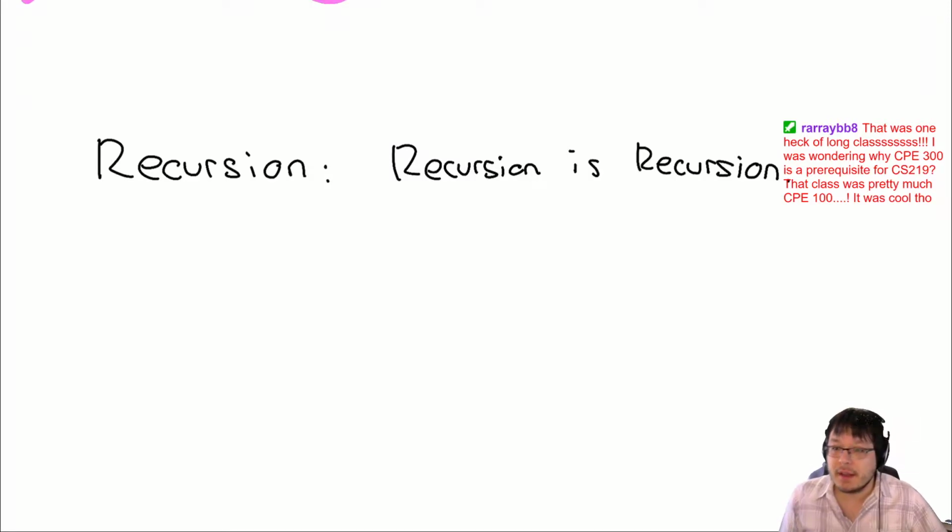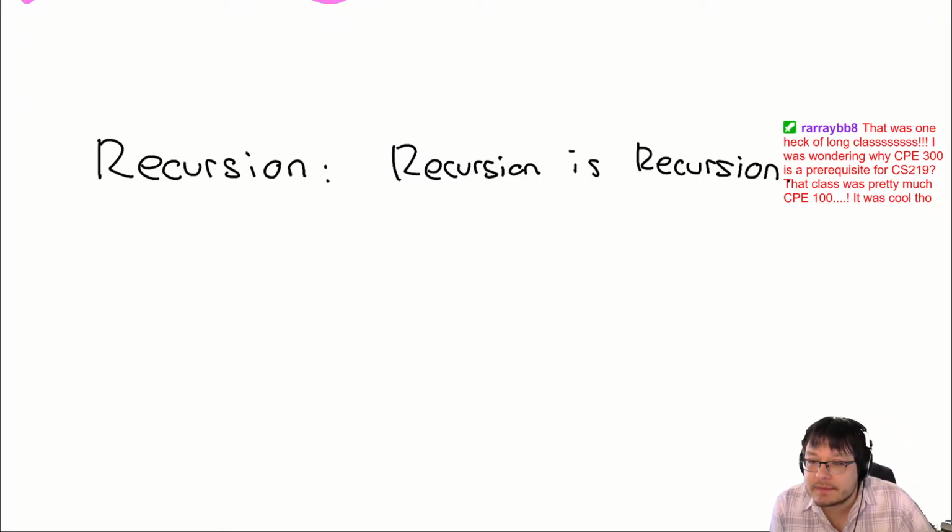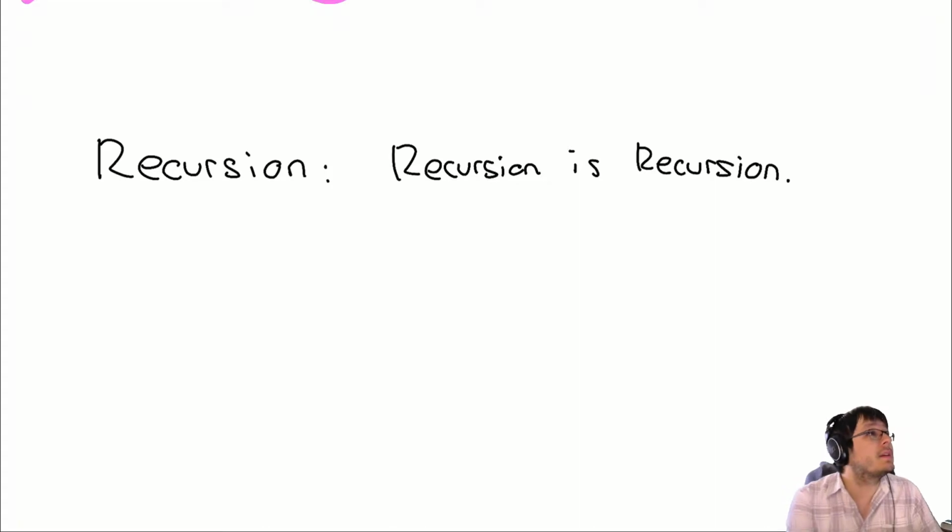Okay, that's a long class. I was thinking, maybe this was the one day that it's very CPE-ish, but the other maybe 85% of the class, you don't really need CPE. You need some Boolean algebra and some basic understanding of binary, but not too much CPE. But hey, there you go.